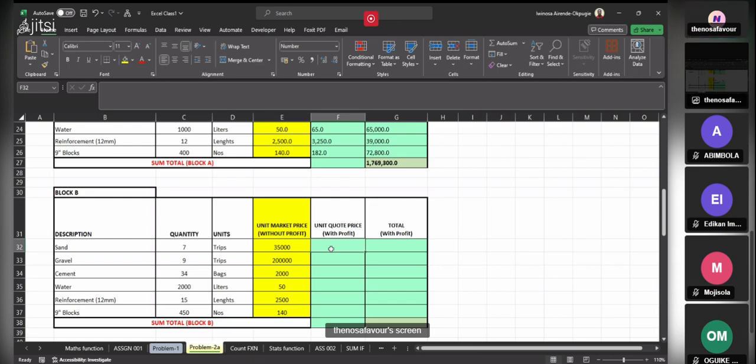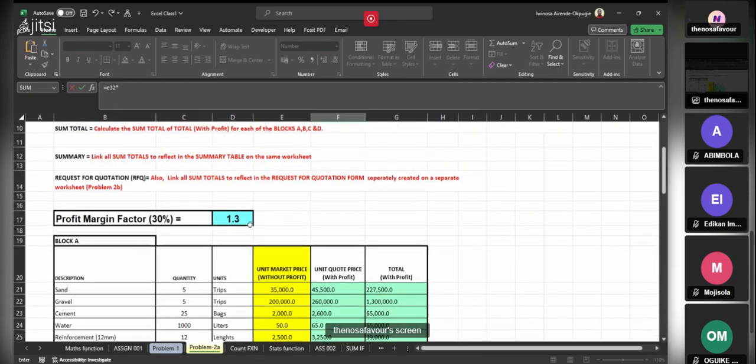So that's going to be equals to E32, multiplied by 1.3. Multiply by what?